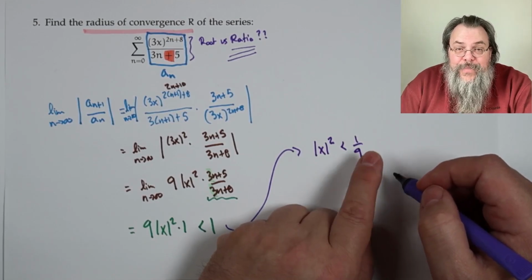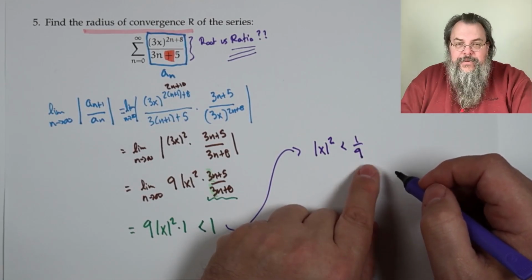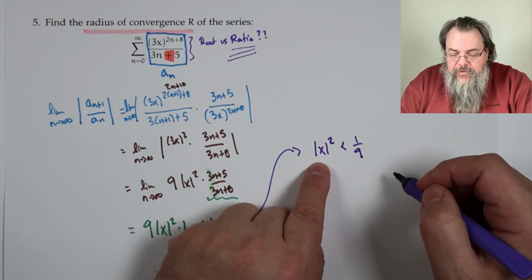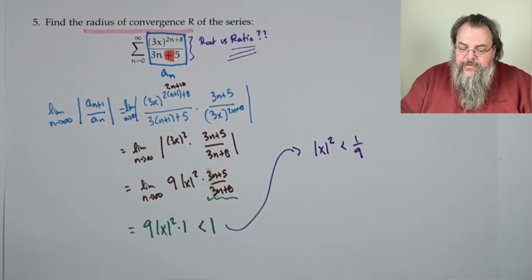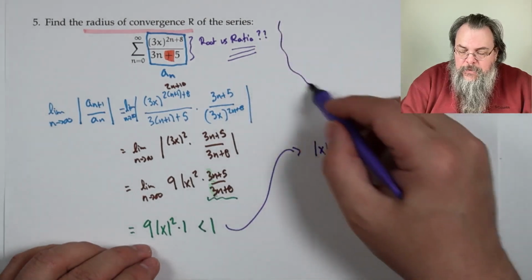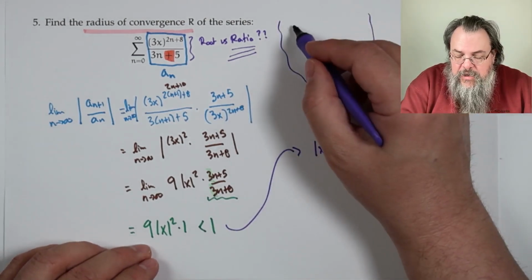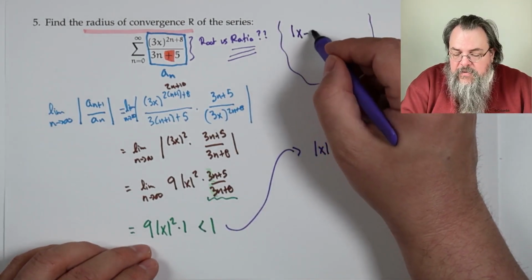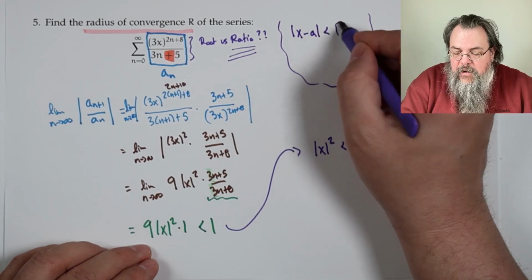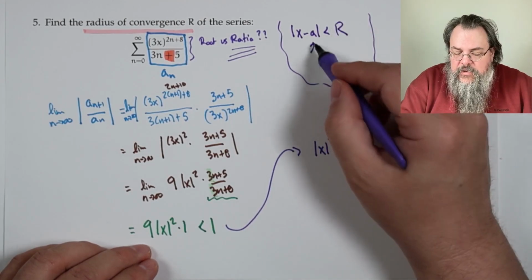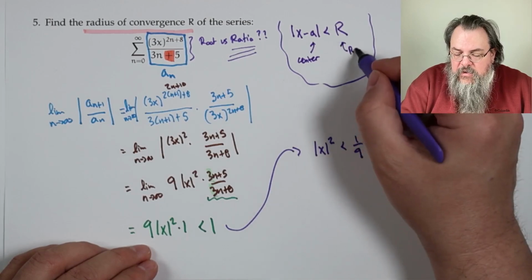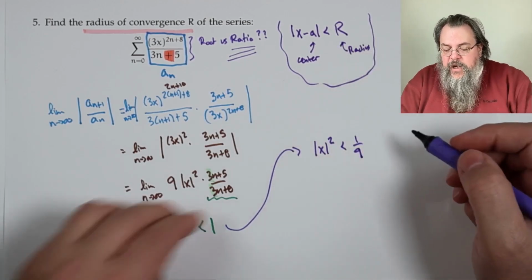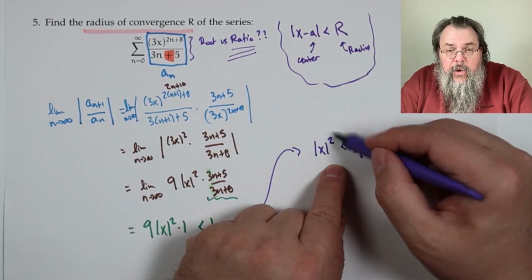No. Be careful, because what do you see there? An absolute value of x squared. When you're looking for radius of convergence, we should see something of the form absolute value of x minus a less than r, where a is your center and r is your radius. It has to look like this. The problem here is this square.